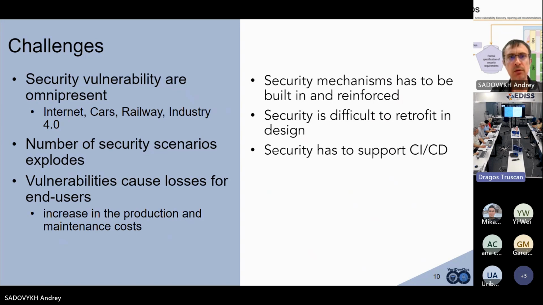So vulnerability can cause a lot of losses to end users. They can have a high economic impact on companies, on society, on people. And what we believe and want to reinforce is that security mechanisms are built into systems.